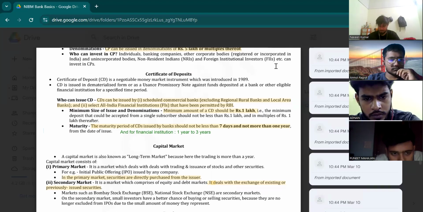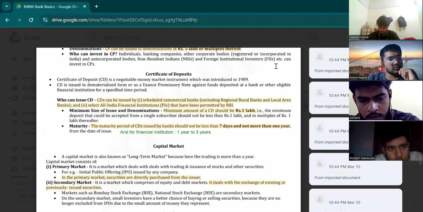What is a certificate of deposit? You go to the bank and deposit a minimum of 1 lakh rupees. You ask the bank to give you a certificate of deposit of 1 lakh rupees, and they will give it to you.